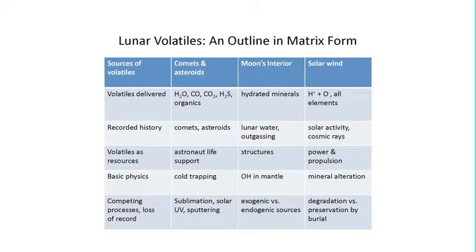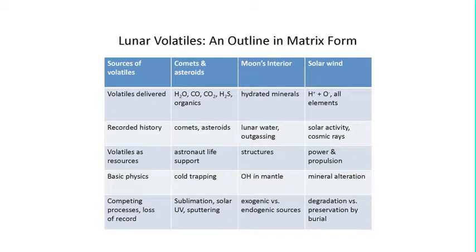What good would they provide? Well, maybe this would provide life support or power and propulsion. So the matrix breaks down here because sources cut across all three sources. The moon's interior is a source of volatiles, and the solar wind is too. But let's keep going down my naive organization, down this column.